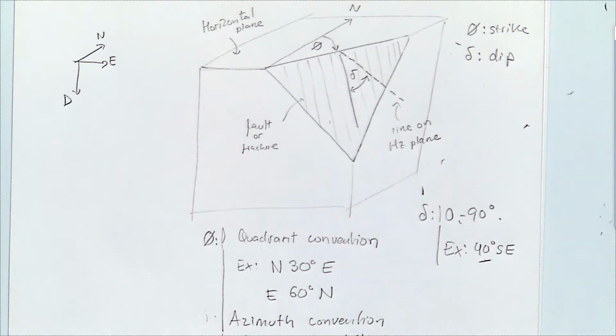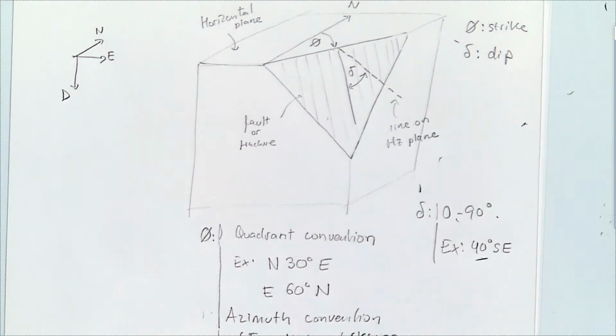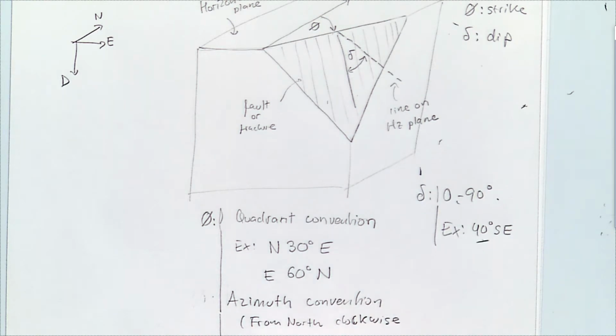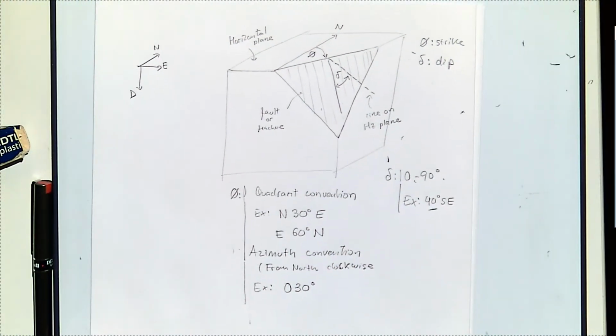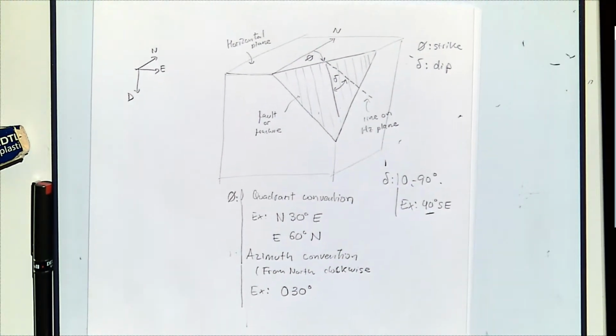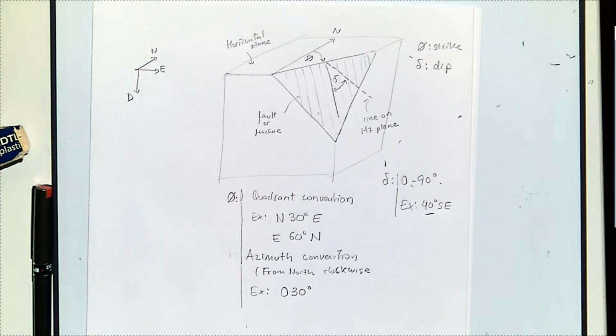So for this particular case, we could say that angle is in the Azimuth convention. You always have to write 3 digits. It's going to be 030 degrees.